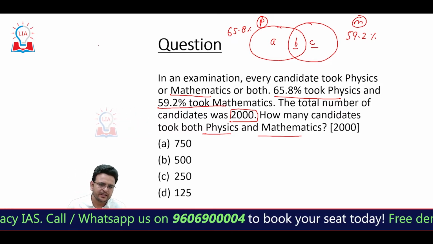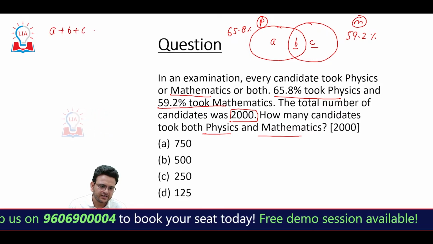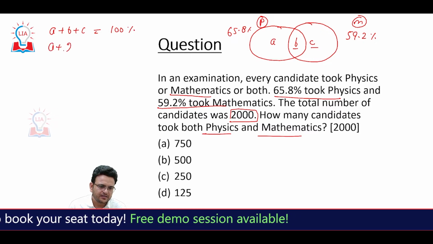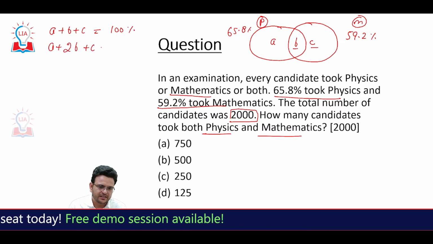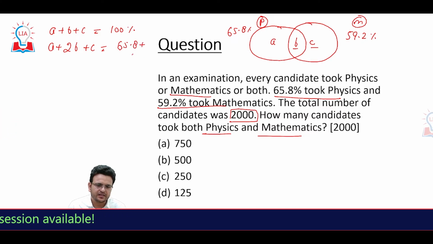So we know that A plus B plus C equals 100% and A plus 2B plus C equals 65.8 plus 59.2.